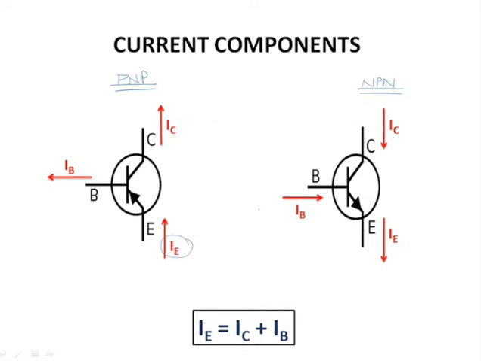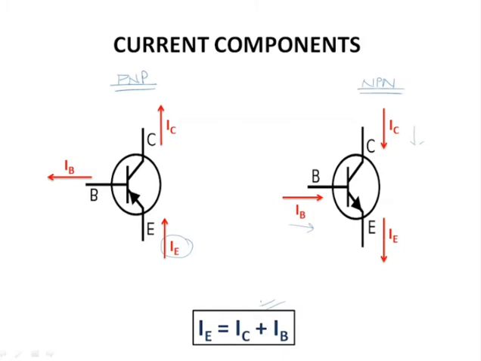Similarly for NPN, base current and collector current combine to form emitter current. From these two, we can conclude that this relation holds true: emitter current is equal to the sum of collector and base current.